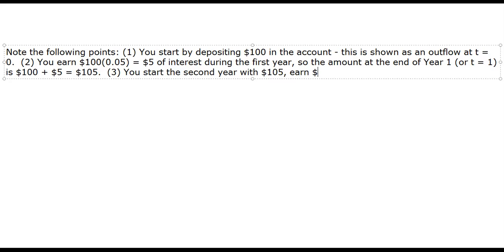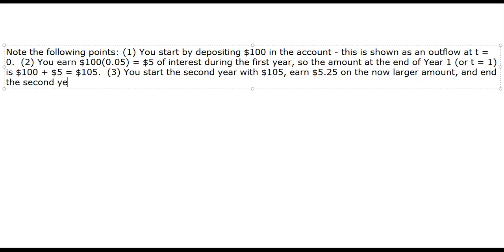You earn $5.25 on the new, larger amount, and end the second year with $110.25.